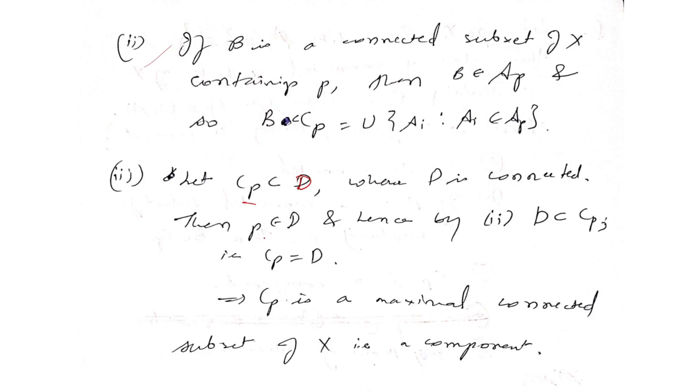Then p will belong to D, and hence by the second, we can conclude that the set D will be a subset of C_p, because any connected subset of X containing p is a subset of C_p. So here we took that C_p is a subset of D, and here we got that D is a subset of C_p. That is, C_p is equal to D. Fine. So C_p is a maximal connected subset of X. That is a component.